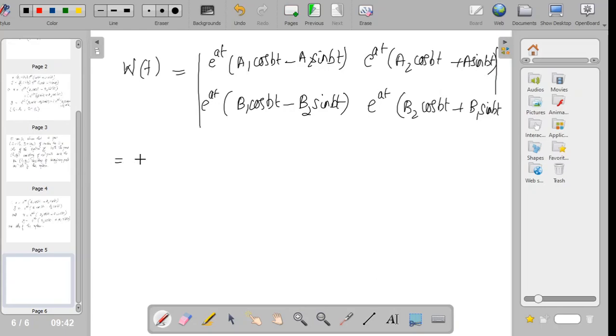So e raised to at is common in both the rows, so e raised to 2at comes out.